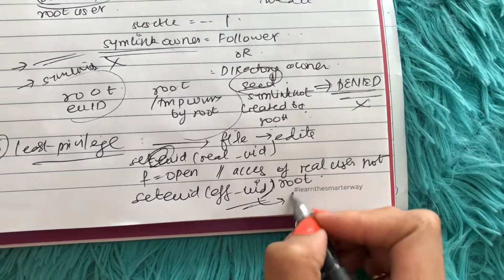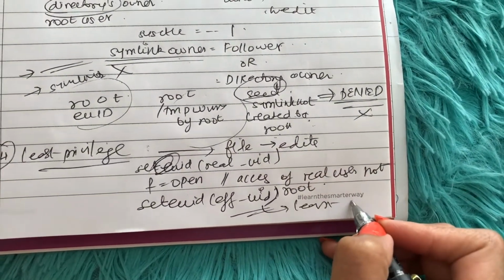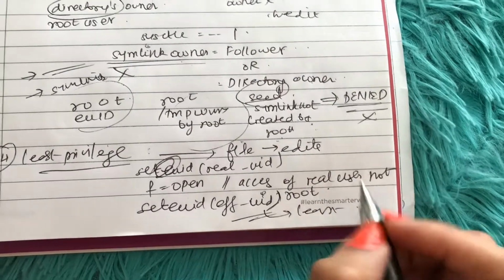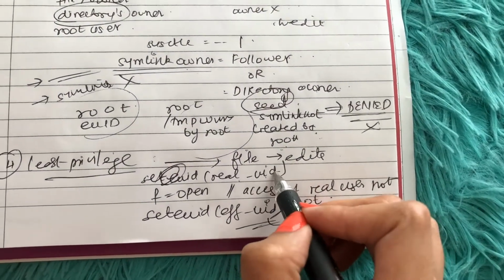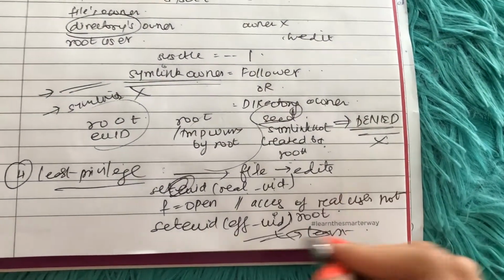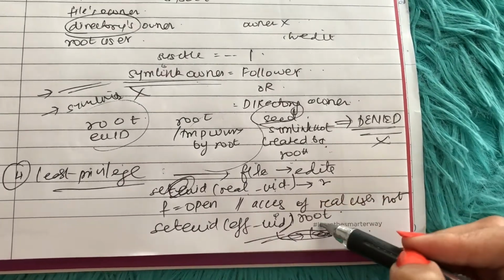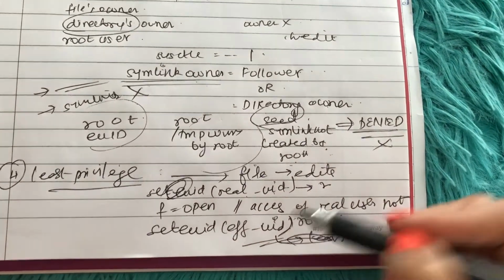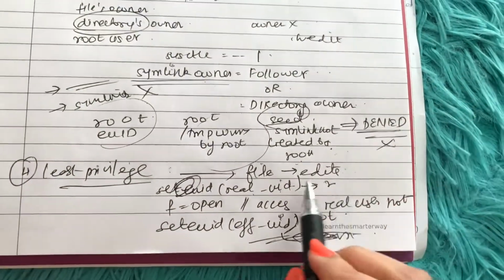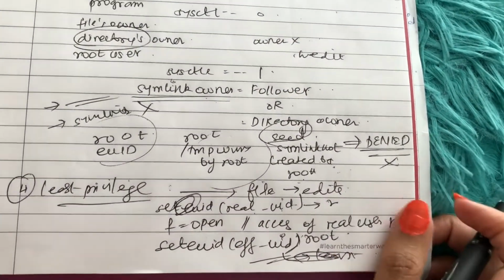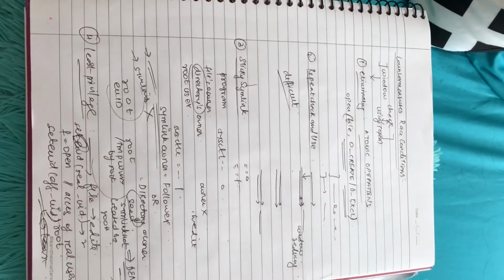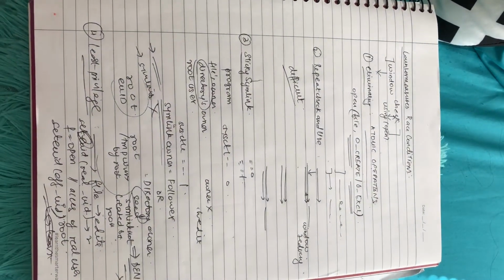So this is you giving it least privilege. When you need it, you can set it, and then set it back to basically the least privileges possible. So these are basically the four ways you can counter race conditions.